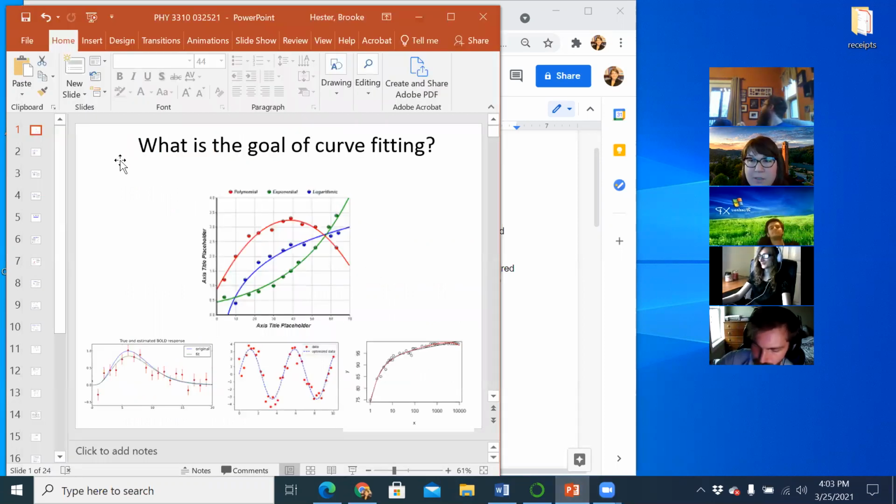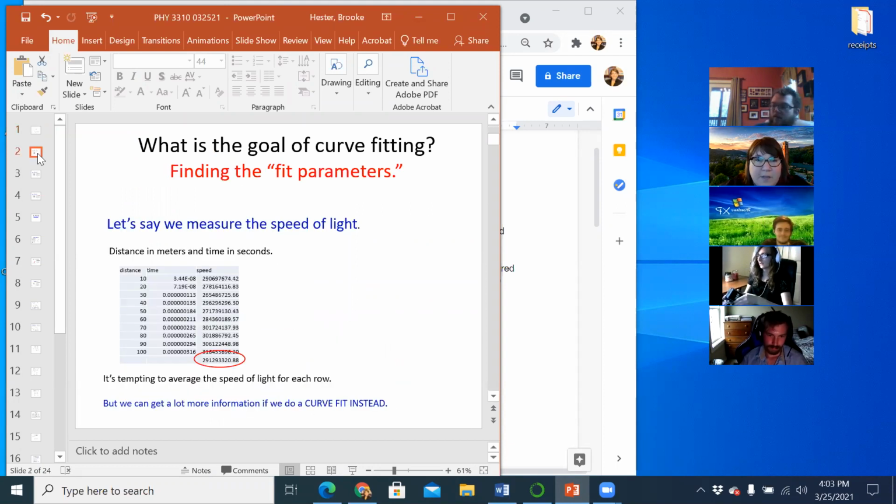So last time we talked about curve fitting. What is the point of curve fitting? Why do I care about curve fitting? And the answer that I focused on was finding the fit parameters. That's what we were talking about last time. So our example last time was we measure the speed of light a bunch of times. We measure it 10 times at 10 different distances with 10 different times of flight of a laser pulse.